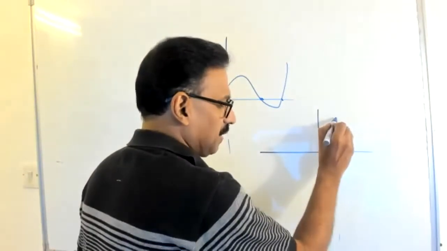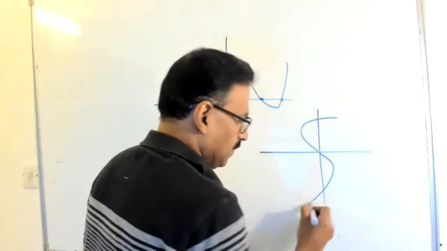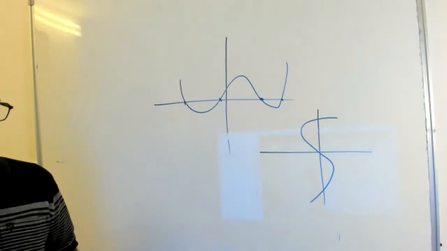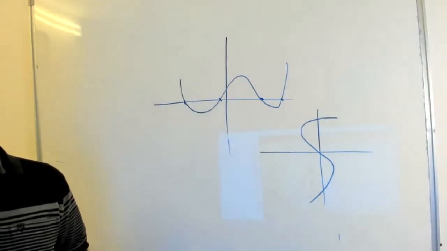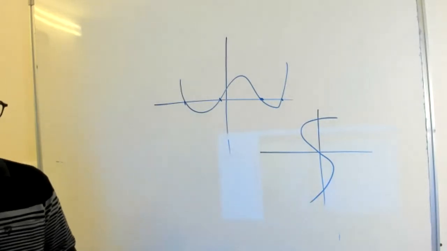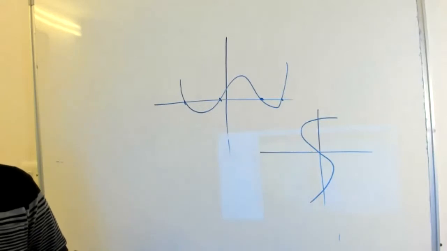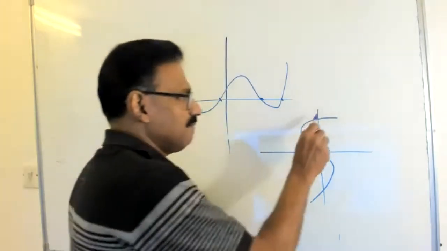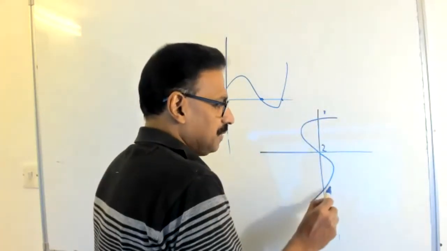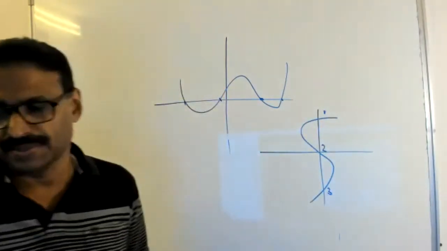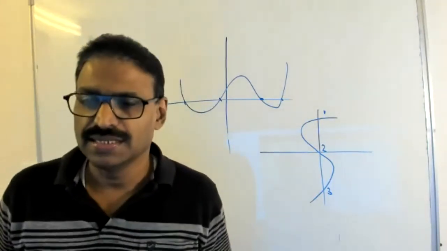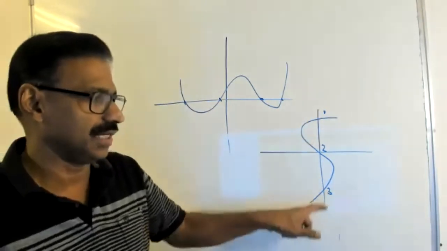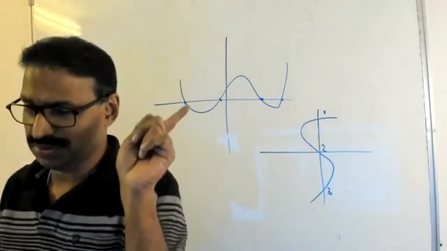Carefully answer it. How many zeros here? Only one. Sure? Are you sure? Check. How many places is it crossing? Three. Okay, crossing 1, 2, 3, agreed. But my question is the number of zeros.